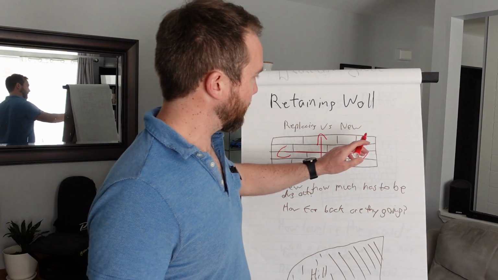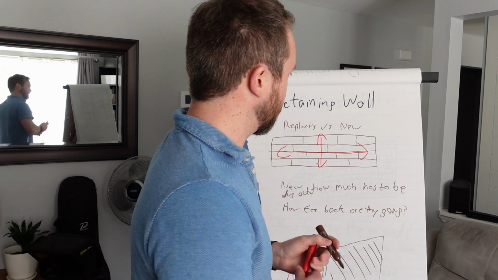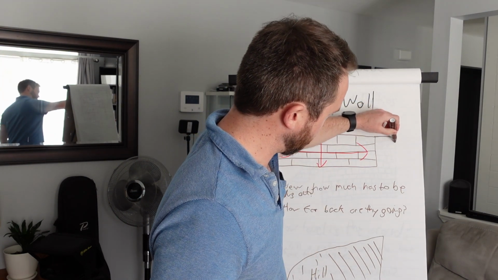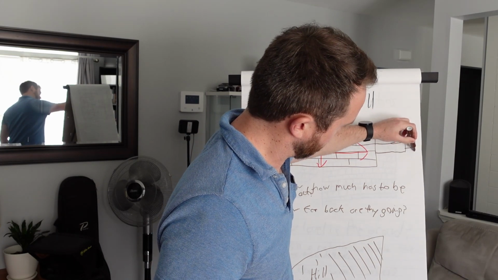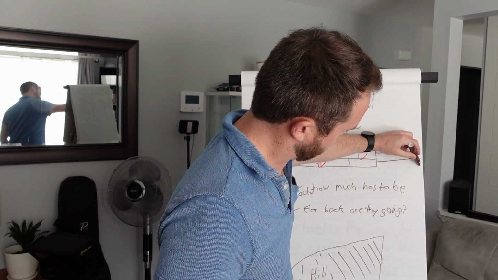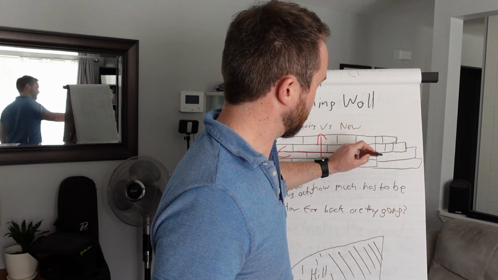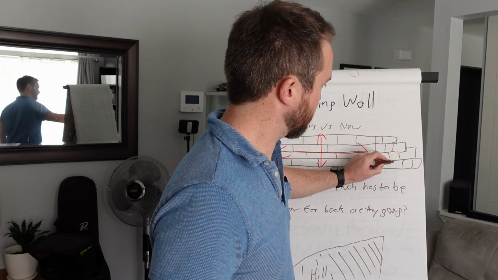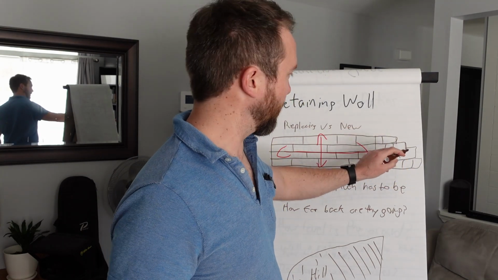Now, you might have an instance where the retaining wall steps down. Let's just say the retaining wall is stepping down on here because there's a grade behind the wall.